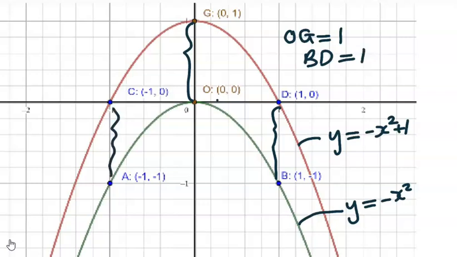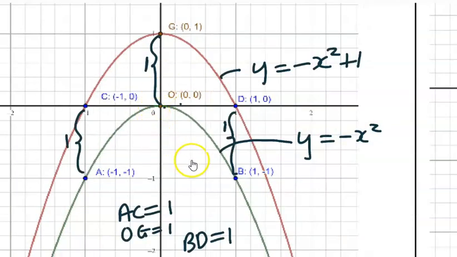And if you look at this distance, AC, that is also equal to 1. Although on a small scale it looks as if the functions will eventually reach each other, it will never touch each other, even at infinity, or even intersect each other.